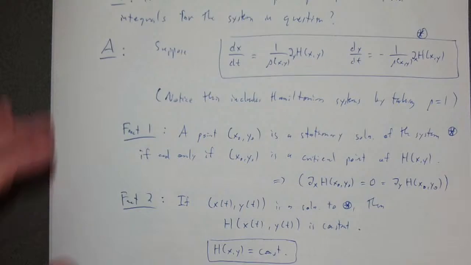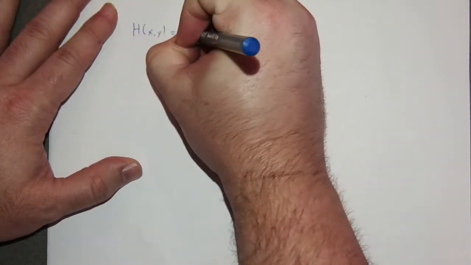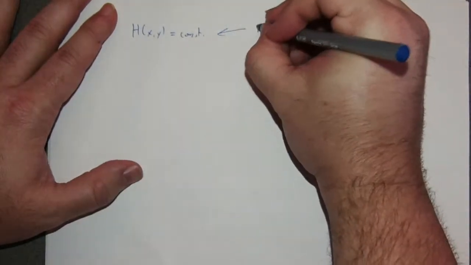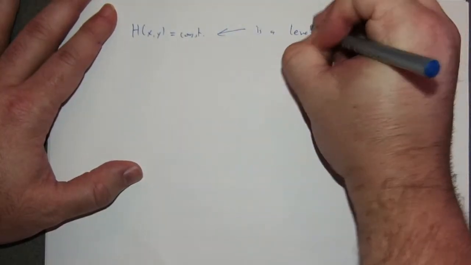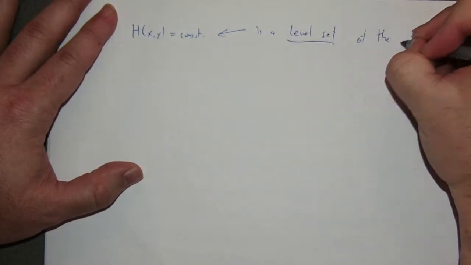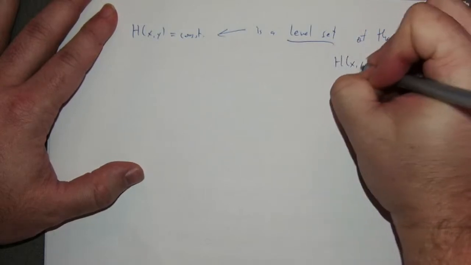What is this saying? Let's use our Calc 3 for a little bit. So h of xy equals constant gives me these trajectories. This is a level set of the function h of xy.